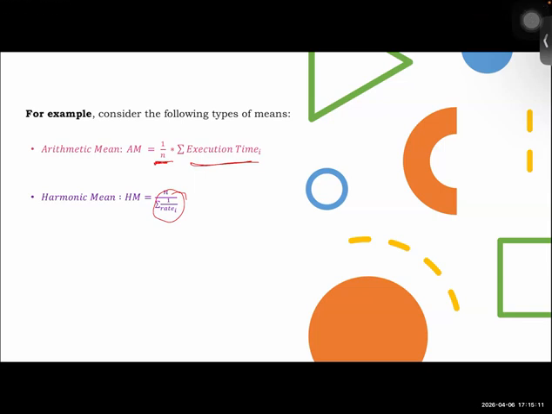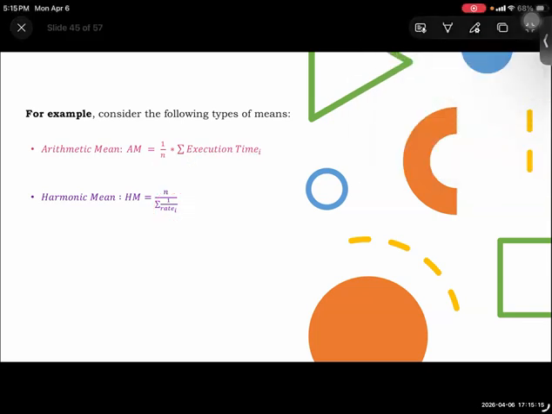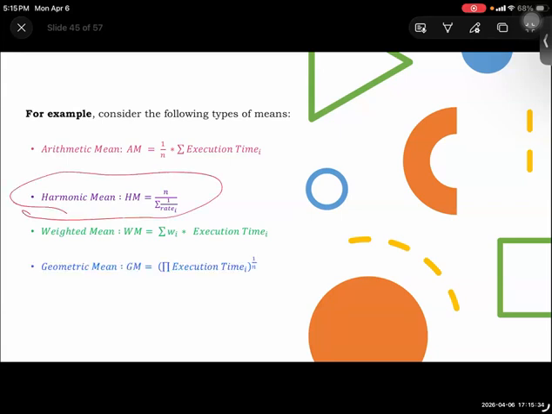So that is used: what is the clock rate for a given n number of instructions? Then another average rate which is used is the weighted mean. We are not going to discuss the mathematical equation, but we are going to find a simple meaning of this harmonic average rate calculation for performance reporting.